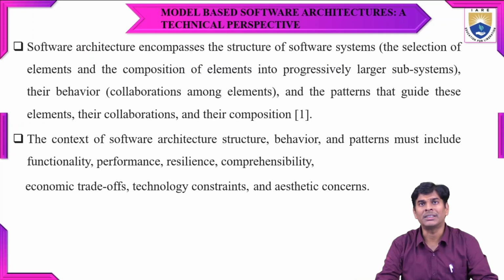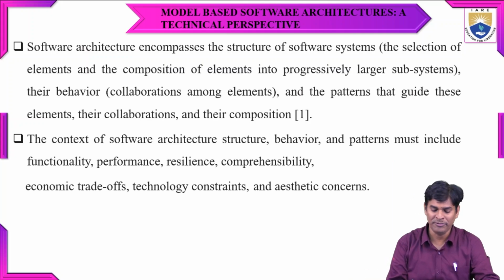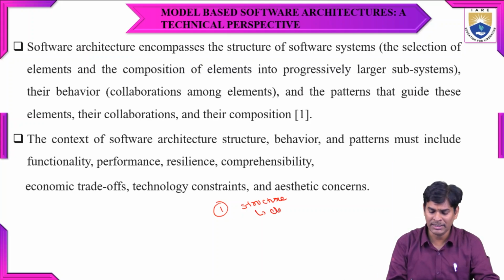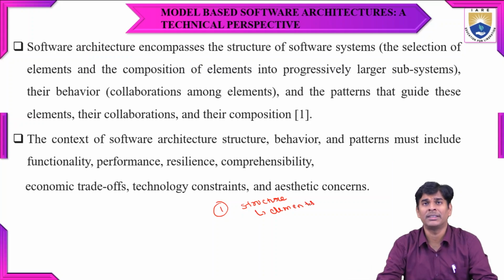For software architecture, we know that it mainly consists of the structure of the software system. There we need to select the different types of elements, or components, and check whether each is small or big.